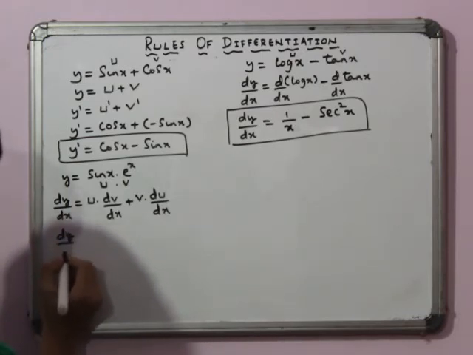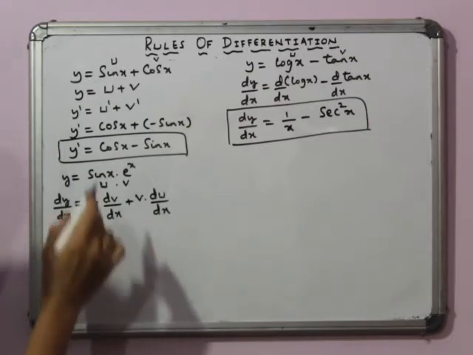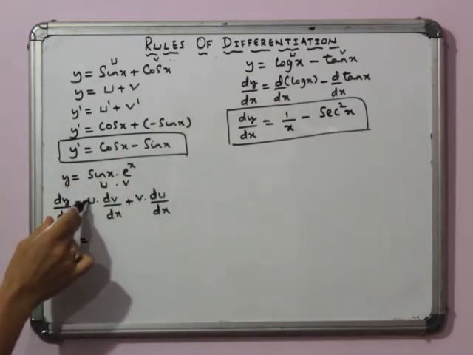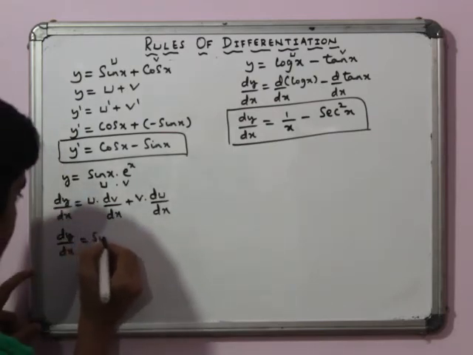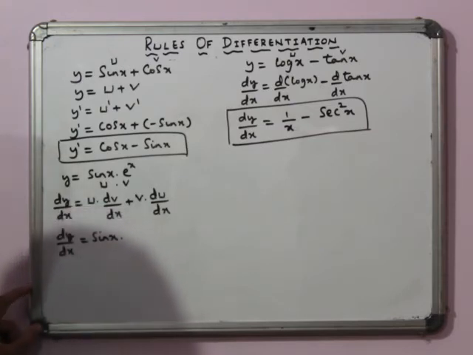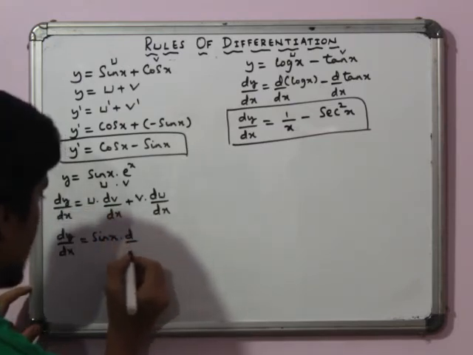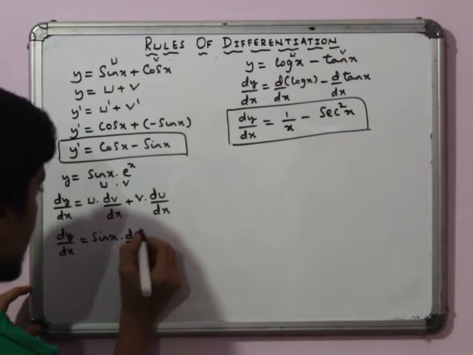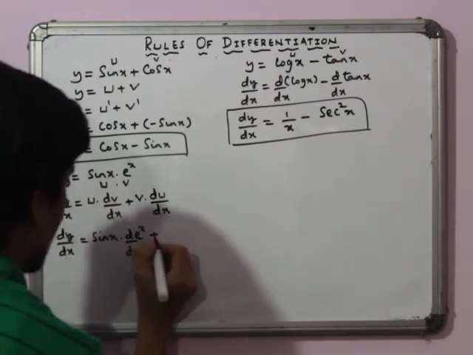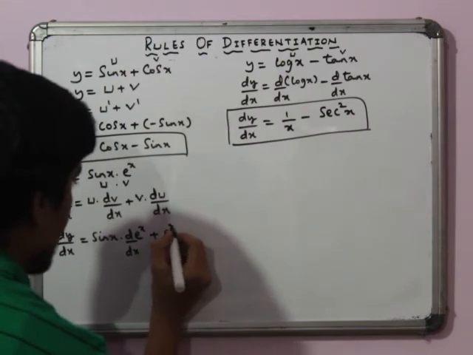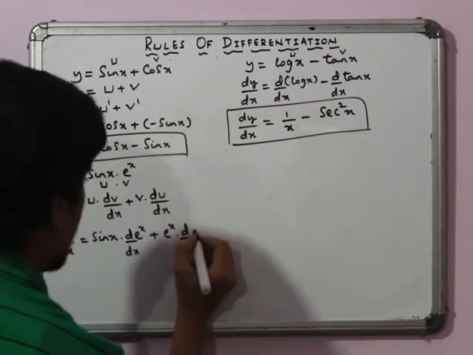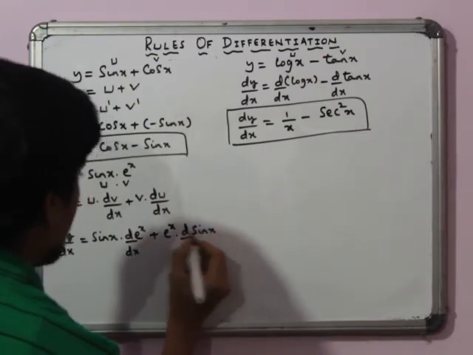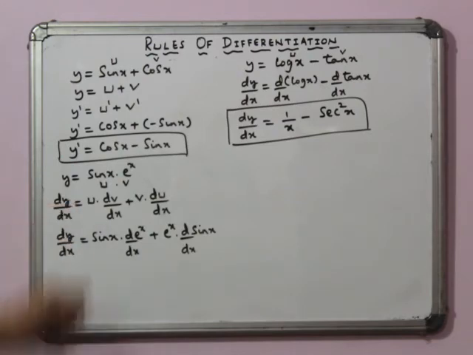Now we will write dy by dx is equal to, as I said, this is u and this is v. So first thing u, here we are not differentiating the first function, so just write it as it is. Sin x into dv by dx, differentiation of the second function, that is e power x, plus v written as it is, e power x into differentiation of the first function, that is sin x. So this is how you have to write step by step to score more marks.